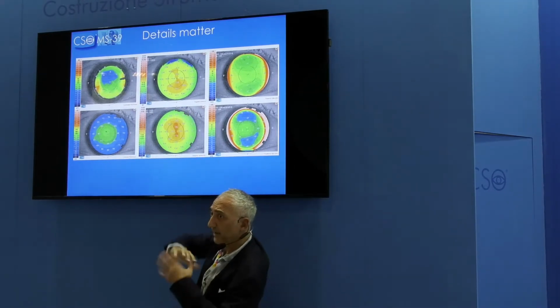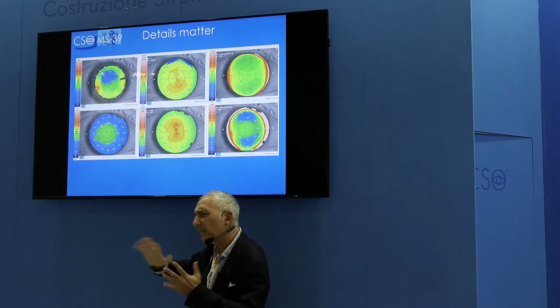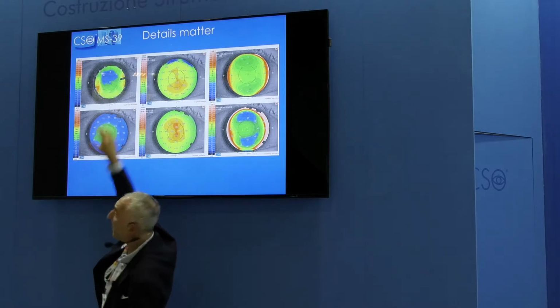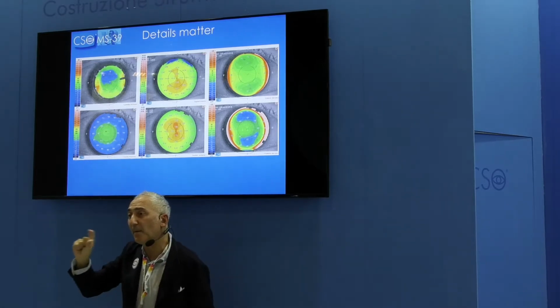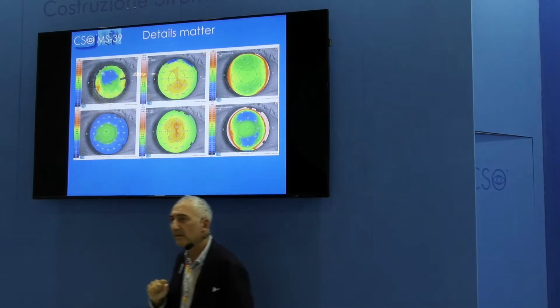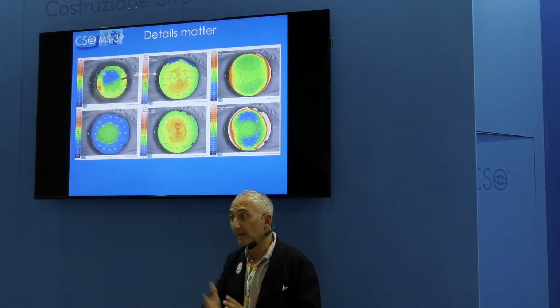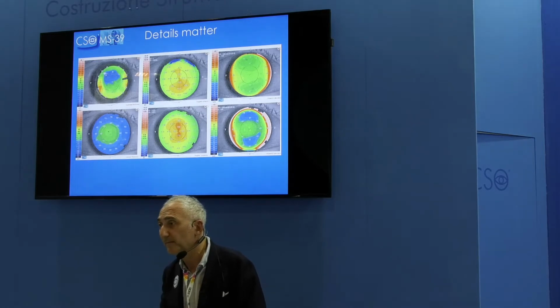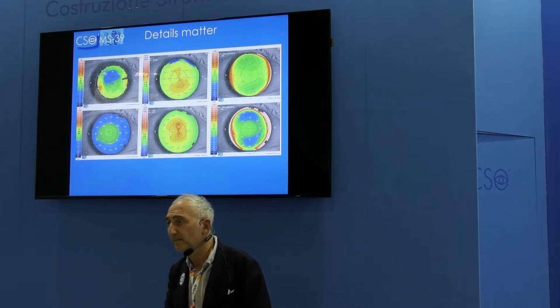The lower part is not ectatic, but doubted. There, the lower part has a thicker epithelium. So it's not ectasia, it's contact lens warpage, at 6 o'clock exactly.